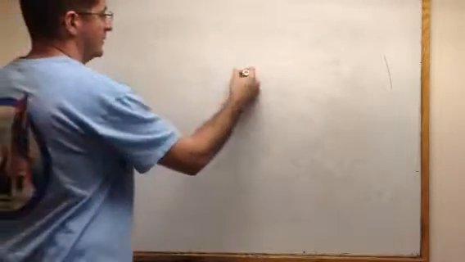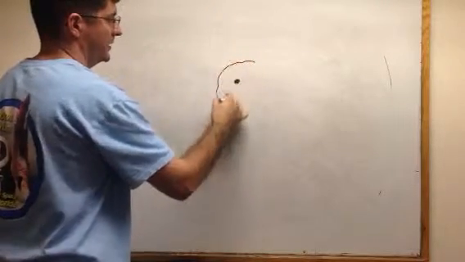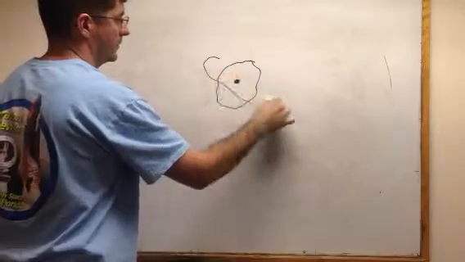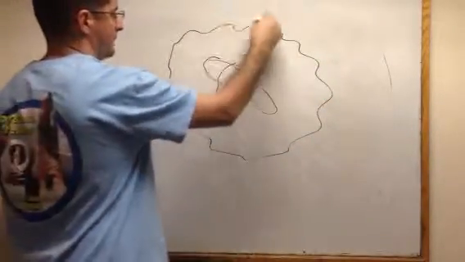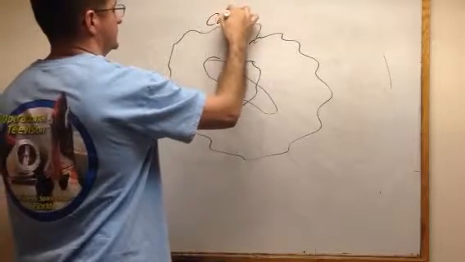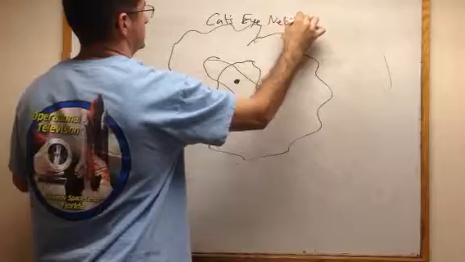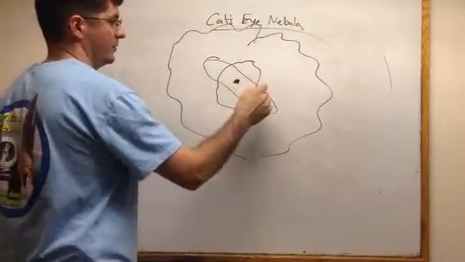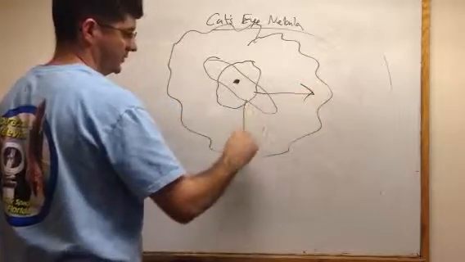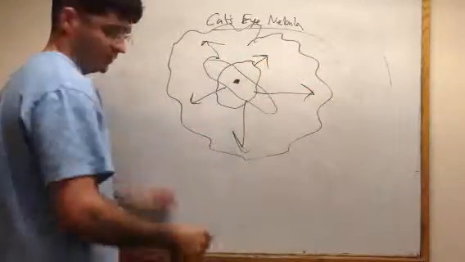Now we can see these events. This is going to be a very poor drawing of the Cat's Eye Nebula, but I'll give it my best. Cat's Eye Nebula. That's evidence for stellar birth. This is the interstellar placenta leaving the star after it was immediately born.